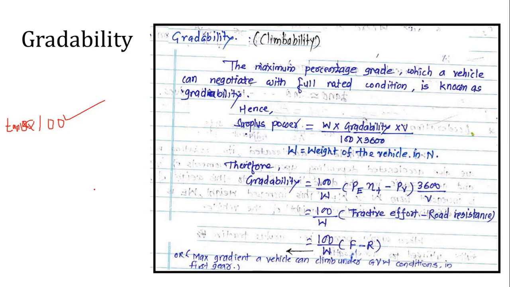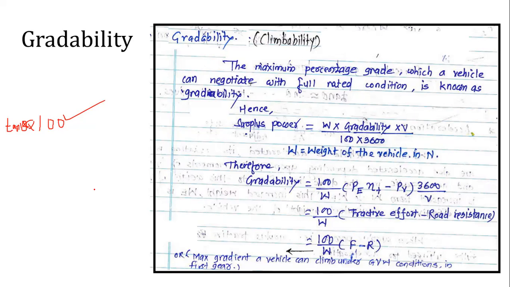So again, what is the full rated condition? The vehicle has weight, so we can consider it has a weight of around 1000 kg, 1 ton or 1.5 ton, depending upon the structure or the body.